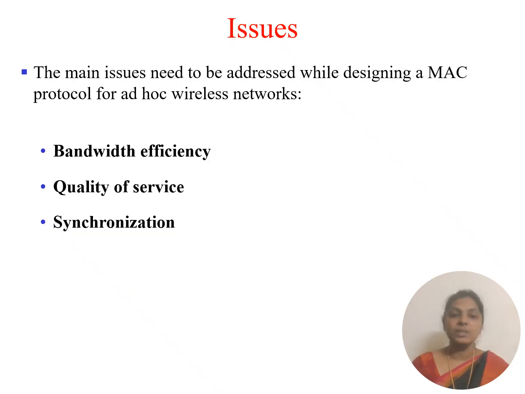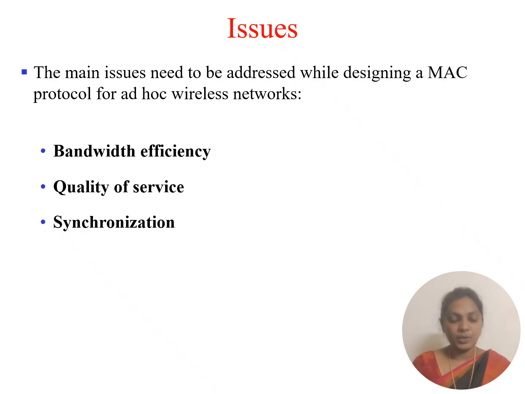And the second one is quality of service. So how best or how optimally can we plan the networks to transmit their data so that it reaches the other end successfully? There is a possibility of interference happening in wireless networks.